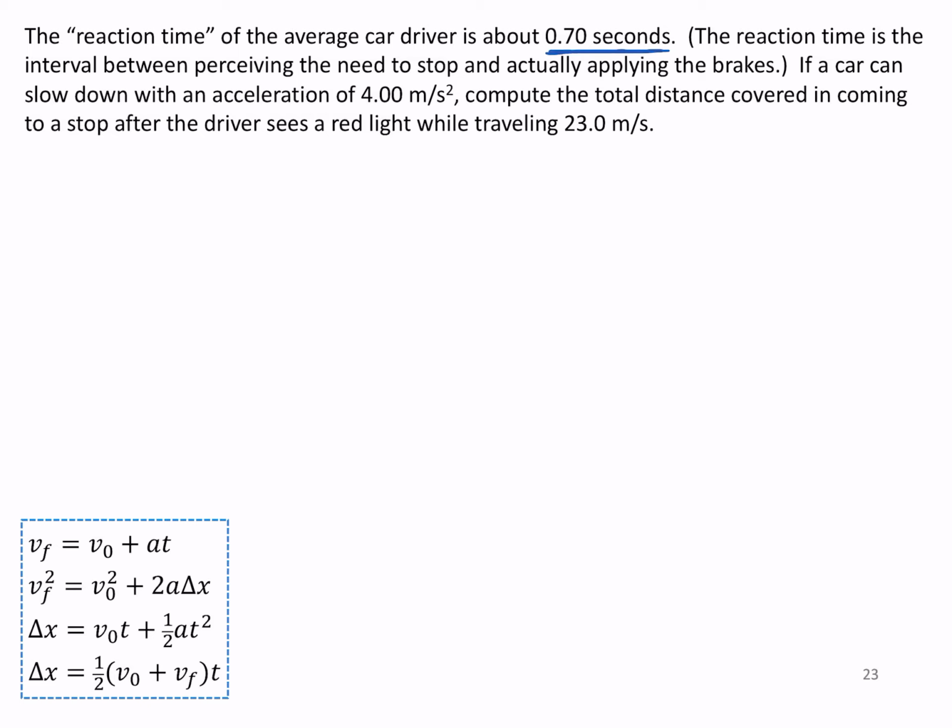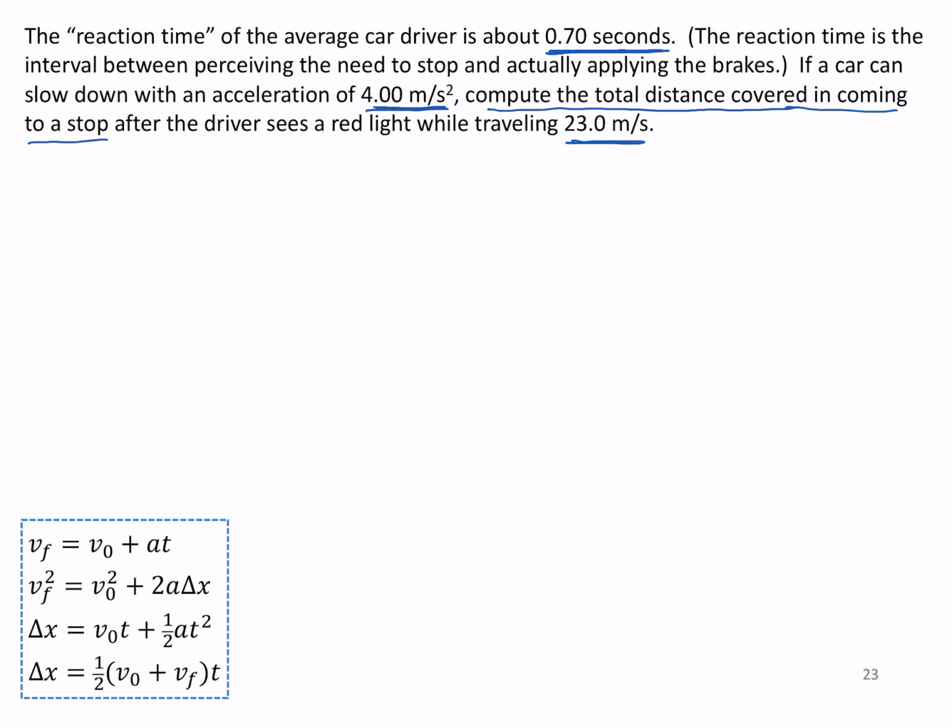And we're saying that the car, when it's braking hard, can have an acceleration that slows it down, so in opposition to its velocity, of 4 meters per second squared. And we're asked to compute the total distance covered in coming to a stop. That's an important bit of language. And we're also told that when the driver sees the red light, they're traveling at 23 meters per second.